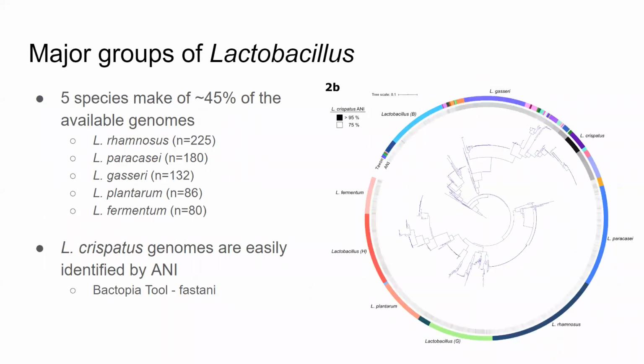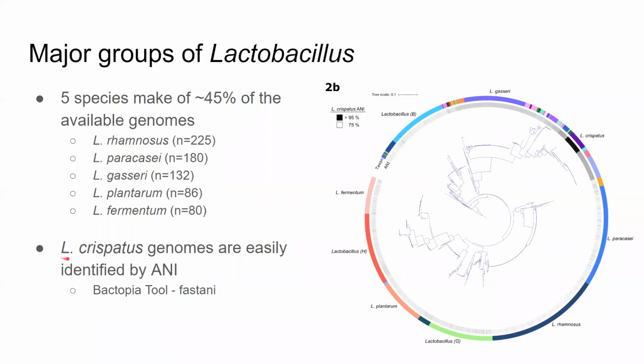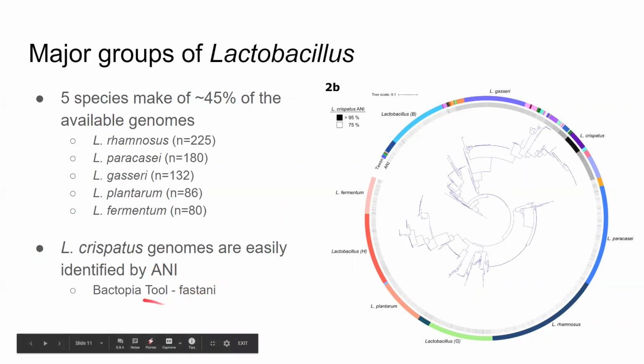There were 5 major groups of Lactobacillus that have been sequenced. 45% of all available genomes were from these 5 species. And what we were interested in was Lactobacillus crispatus. We used FastANI, another Bactopia tool that we've created.